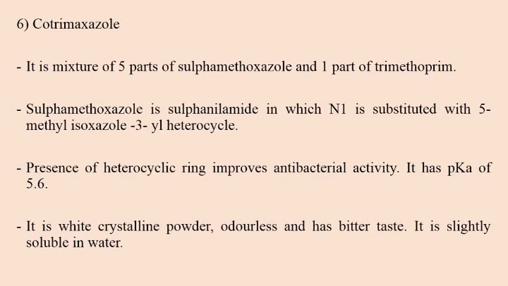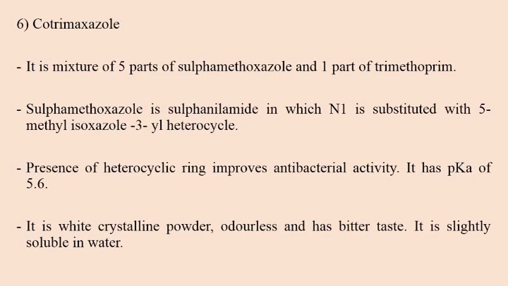The presence of this heterocyclic ring improves its antibacterial activity, and its pKa value is 5.6. That means it does not produce crystalluria. It is a white crystalline powder, odorless, and has a bitter taste. It is slightly water soluble. We are talking about sulphamethoxazole.